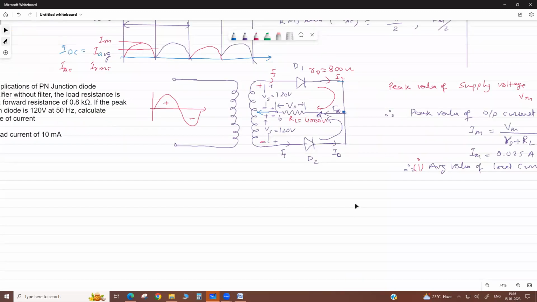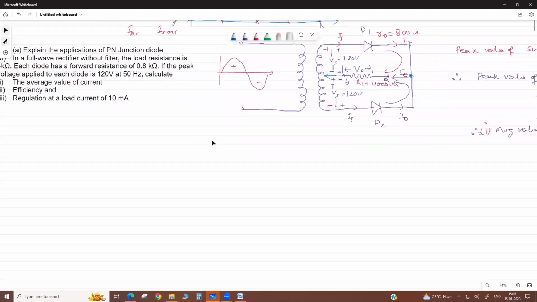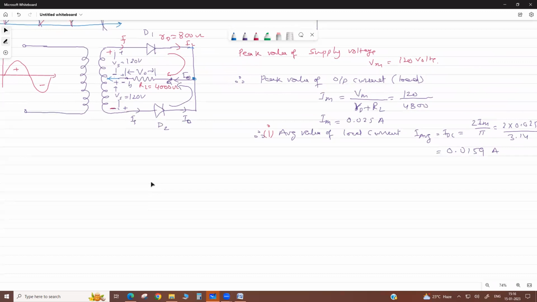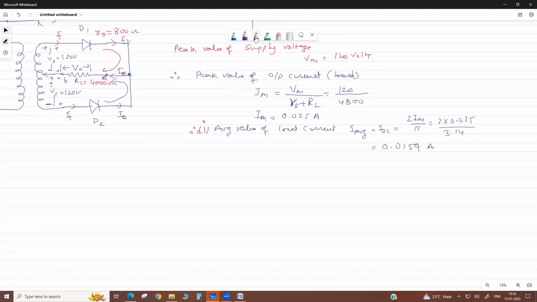Then next, what is asked? Efficiency. Very good. Now we ask the efficiency. You know efficiency is always output by input.